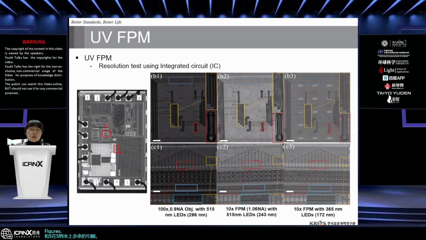Figures B2 and C2 show the result measured with 10x FPM with a 525 nanometer LED array, and figures B3 and C3 present the result measured with 10x FPM with a 365 nanometer LED array. As shown in the figures, we confirmed that the patterns in the circuit were more clearly visible when using the 365 nanometer LEDs. Additionally, patterns that were previously indistinguishable as continuous or discontinuous became clearly distinguishable.